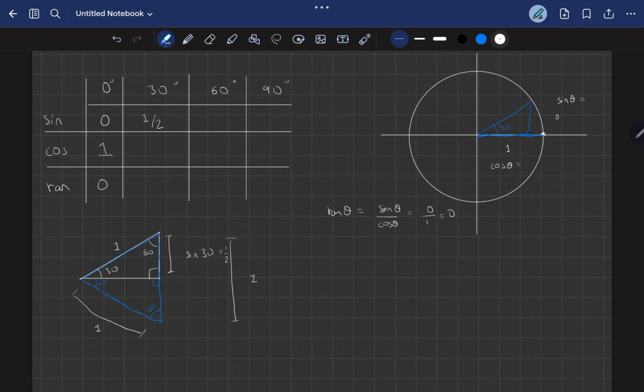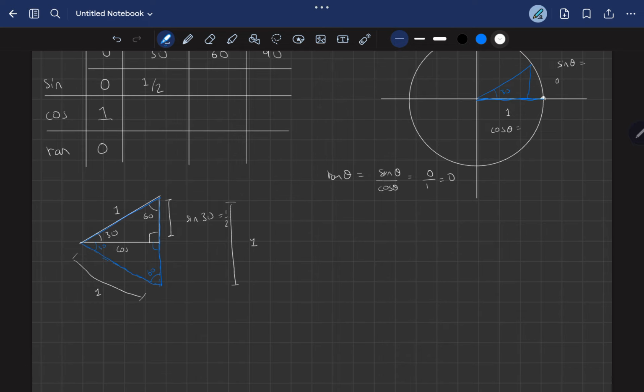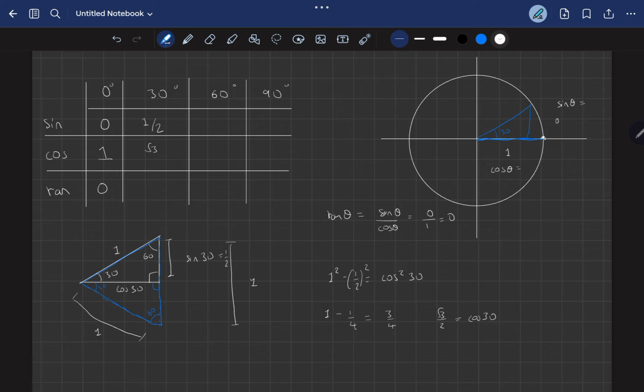Now, you can use basic Pythagoras to work out cos 30. So 1 squared minus a half squared is equal to cos squared 30. So this is 1 minus 1 over 4, which is equal to 3 over 4. Then square root this, and you get root 3 over 2. So cos 30 is root 3 over 2.